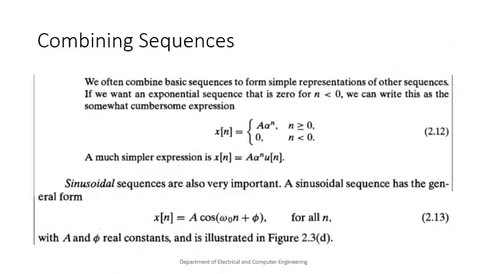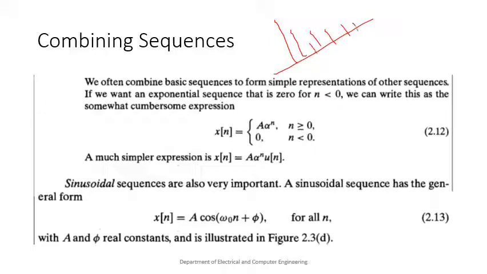Okay, we do not have any picture, but I'm just going to draw it. For alpha between 0 and 1, we will have a sequence like this, starting from, let's say, 1, and it is decaying.